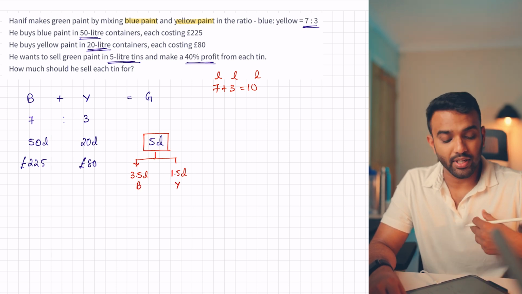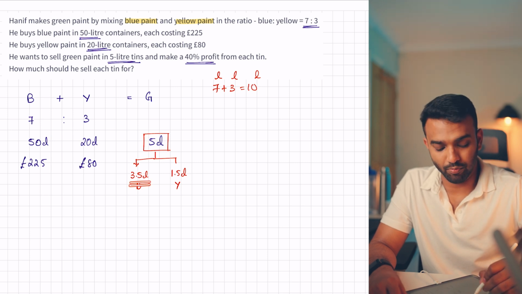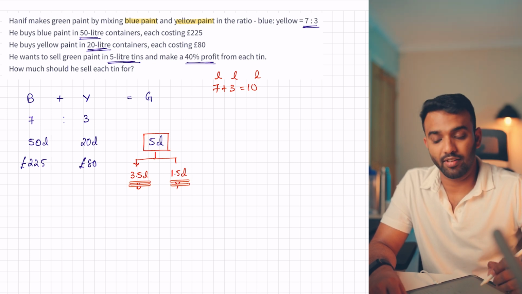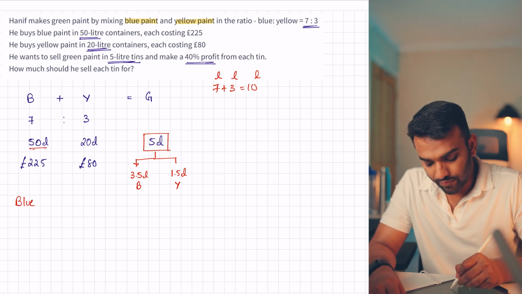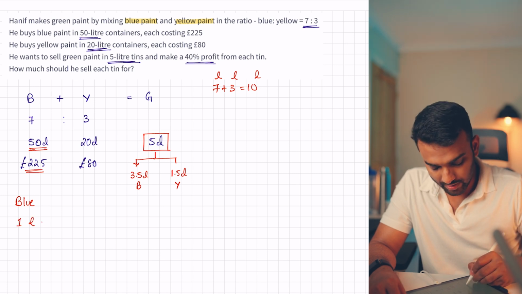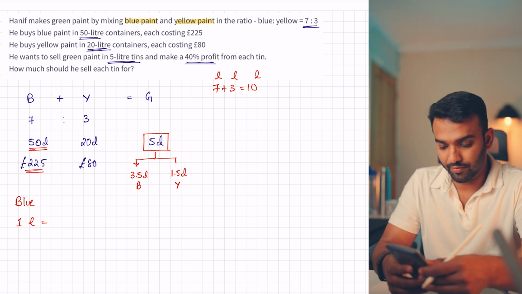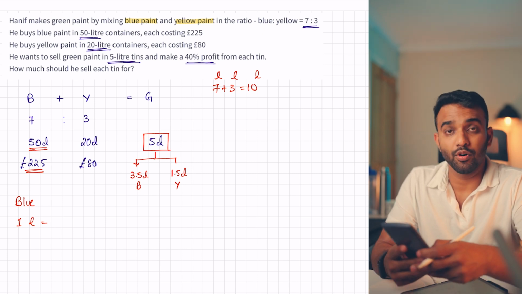So we now need to find out the cost for 3.5 liters of blue and 1.5 liters of yellow. For blue, 50 liters cost him 225. So 1 liter will cost 225 divided by 50, and that comes to 4.5.